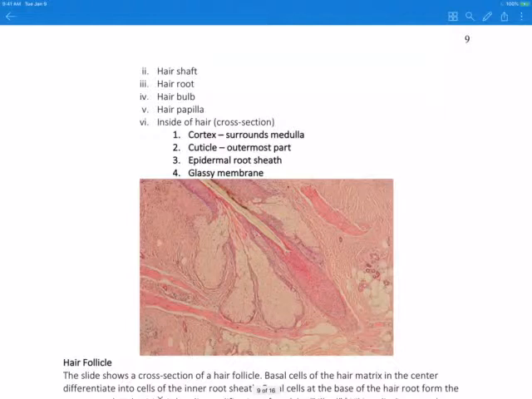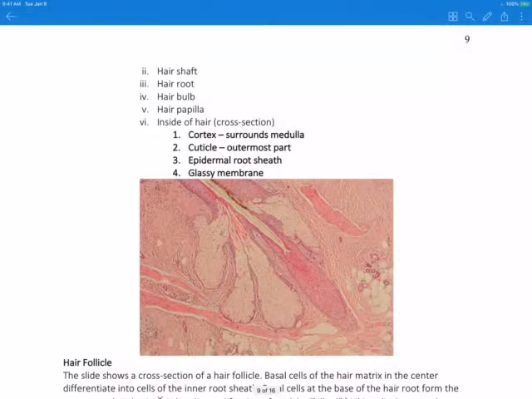Some hair lacks this core, and it can affect if the hair is straight or curly, but the medulla is the innermost part of the hair. The cortex surrounds the medulla. It's the layer of compressed keratinized cells, and the shape and structure of the cortex dictates also if the hair is straight or curly. We've heard those terms before, medulla and cortex, and we'll see them again. The cuticle of the hair is the outermost part. It's the outer layer of this very hard keratinized cell.